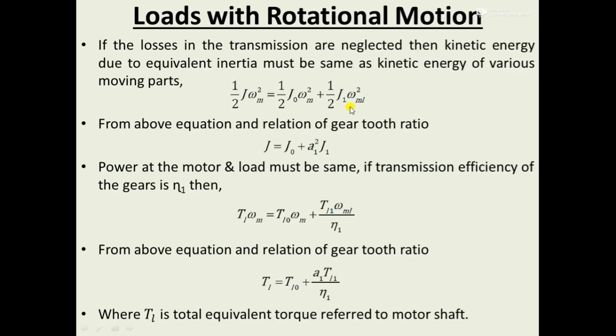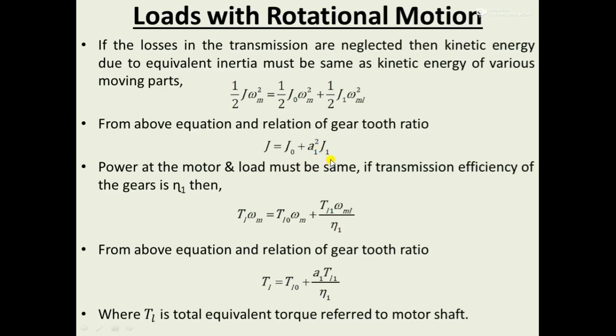That relation is shown here. Further simplifying it by cancelling the half on both the RHS and LHS and thereafter dividing the whole relation by omega m square, we simplify this relation into this particular form. As I have mentioned in the previous slide, the ratio omega m1 divided by omega m is a1. Hence J can be written as J0 plus a1 square J1.